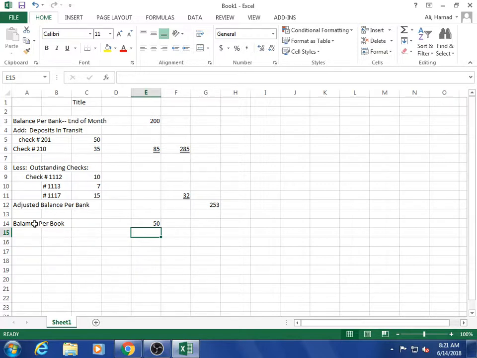That's where you get it from, the cash account in the general ledger. Usually that cash does not equal your balance in the bank. It may, and may not, but most of the times it does not. And so we're going to add to that.